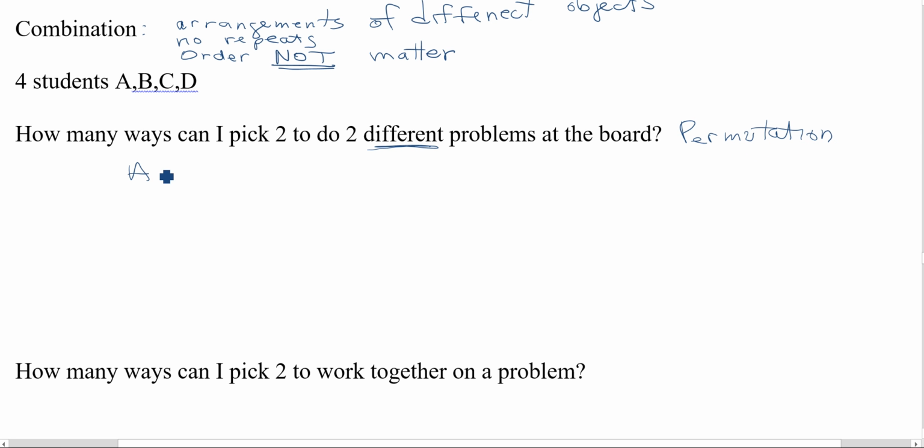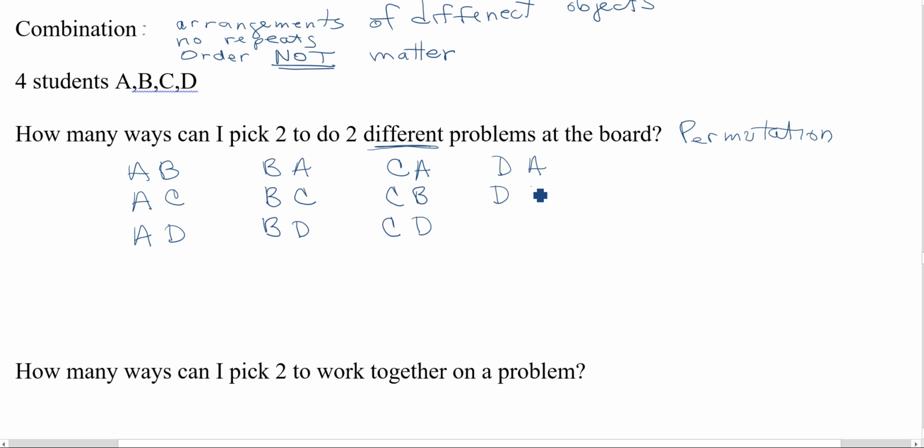So we could have A work on the first, then B, A on the first, then C, A on the first, then D. We could have B on the first, then A, B on the first, then C, B on the first, then D. We'd have C, then A, C, then B, C, then D. We could have D, then A, D, then B, or D, then C. There are 4 people to pick for the first problem, 3 for the second, so that gives me 12 ways.